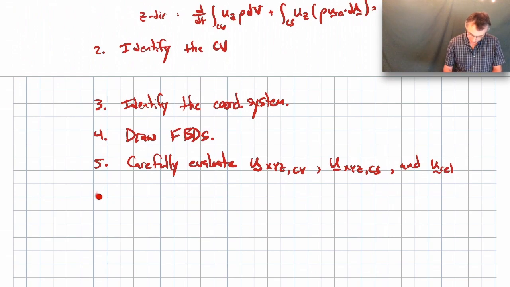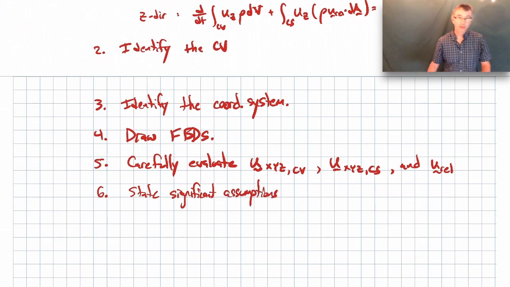And the last item, and this is true just in general, state significant assumptions and how those assumptions affect your linear momentum equation. So, for example, many flows we analyze are steady.